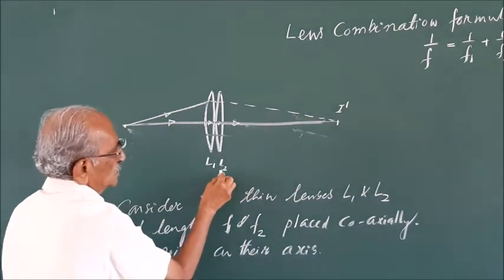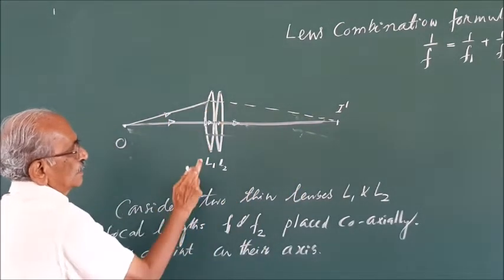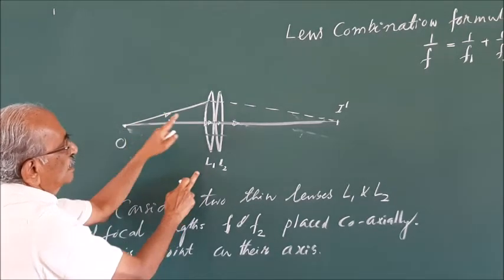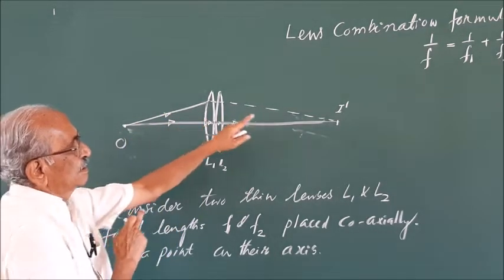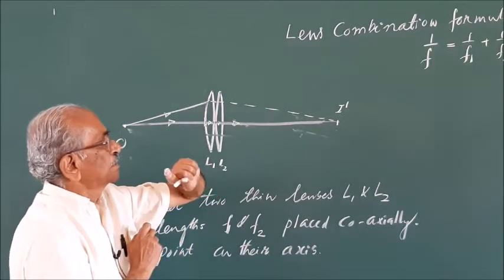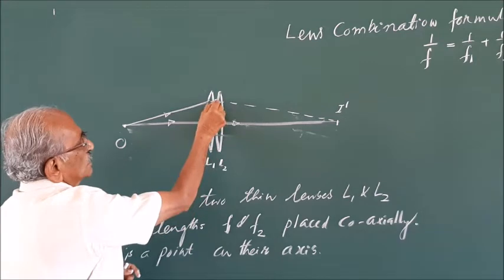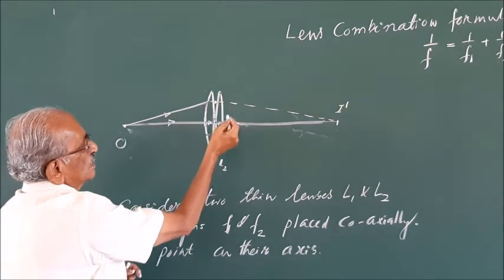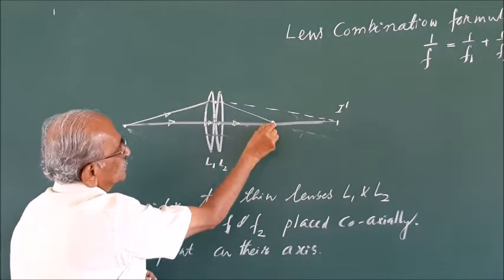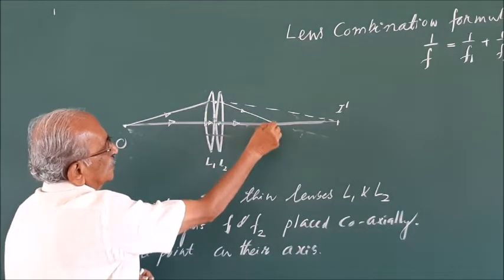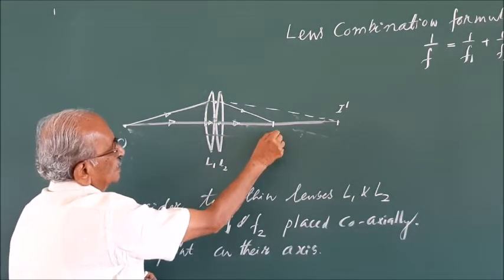If only L1 had been there, the light from O undergoes refraction and forms an image at I dash. But before that happens, the light coming out of the first lens again refracts, forming the final image at I.